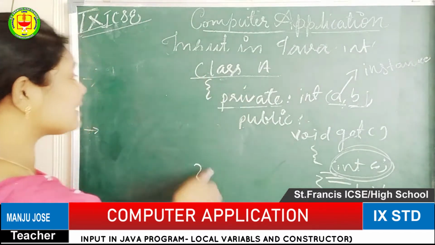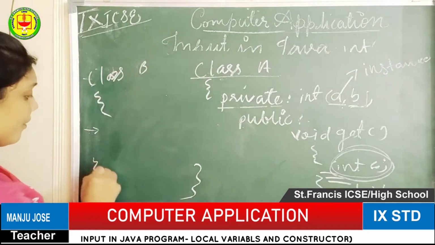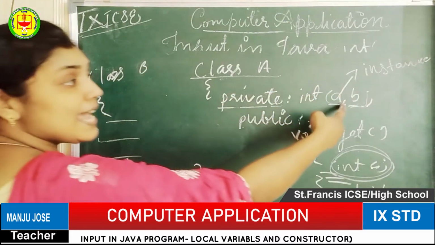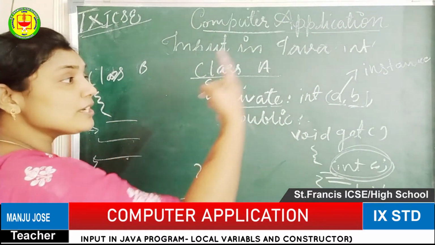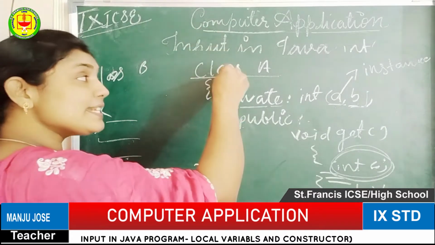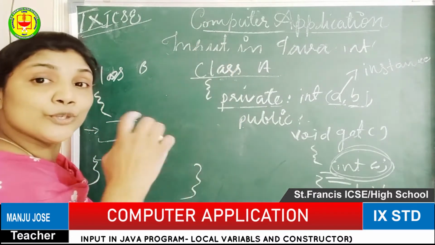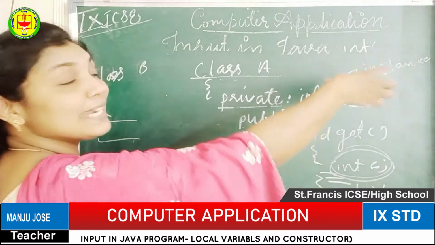After this class, if we declare one more class, class B, we are unable to access A and B inside class B, because the access permission is only inside class A. That means a group of variables that we can access in the entire class is called an instance variable.